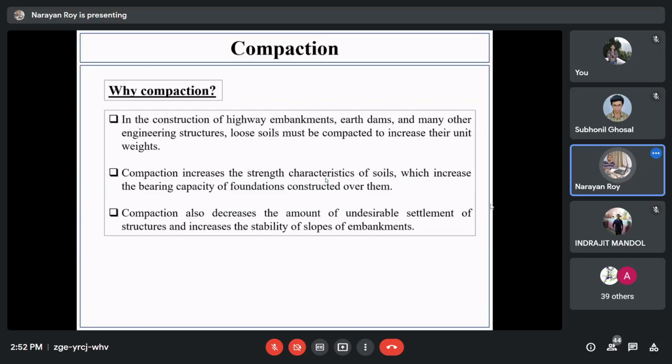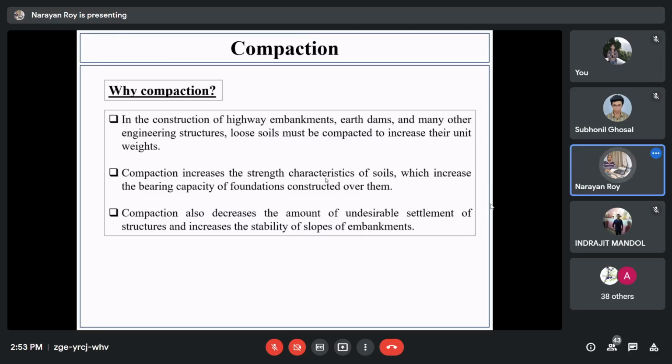For now, physically understand shear strength as the way the soil can take load. Whatever increased load comes from the construction of a particular structure, your soil should be capable of taking that amount of load. That is quantified in terms of shear strength parameters, and finally the bearing capacity of the soil, which you will study slowly. Compaction increases the shear strength properties and ultimately the bearing capacity.